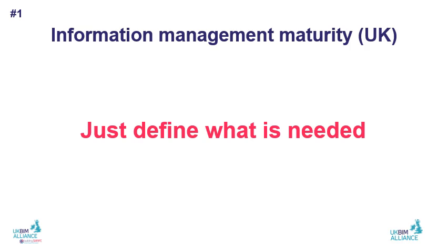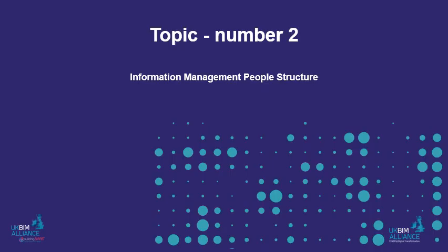But above all, when defining projects, please do not lose sight of what's important, and that's defining the actual information requirements. Otherwise, information management is very difficult, as we have nothing to base the process on. So therefore, don't just refer to Stage 2 or BIM Level 2.